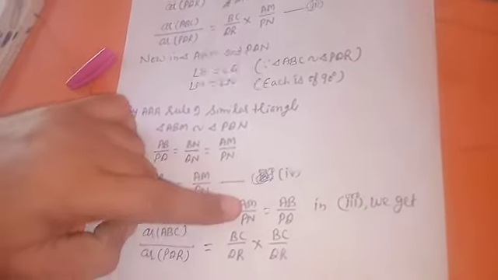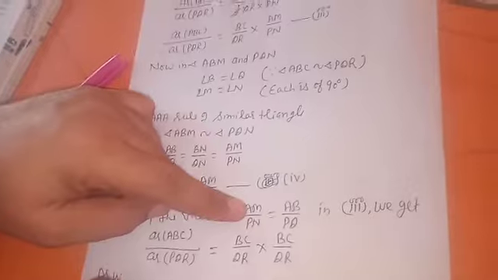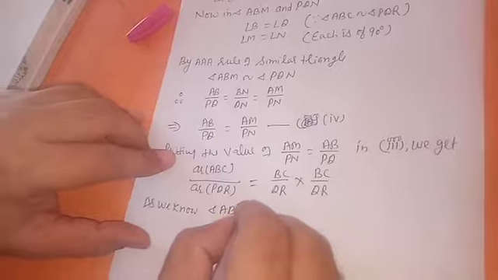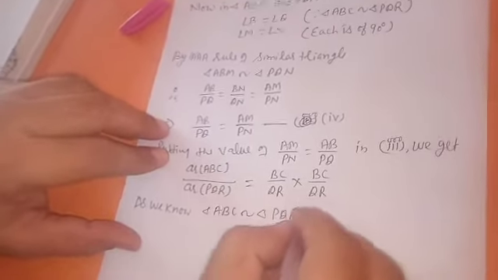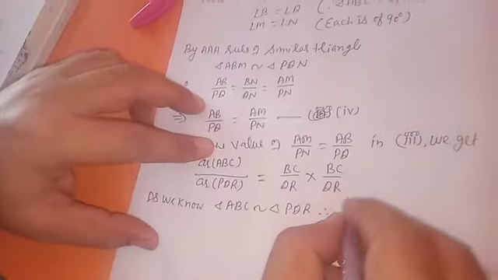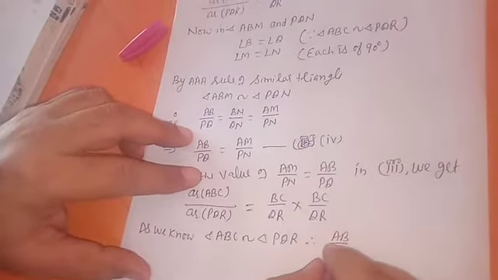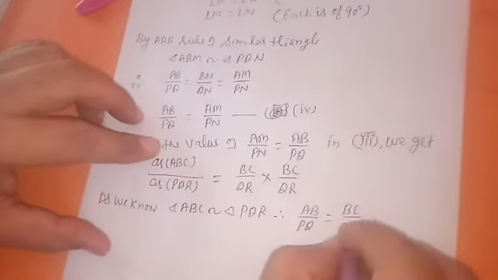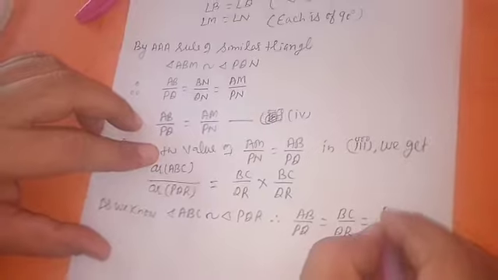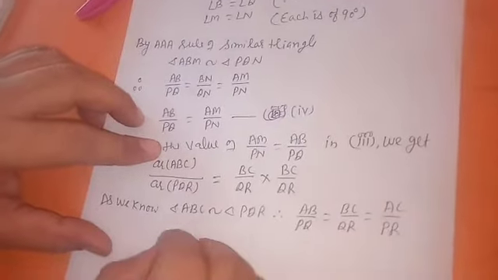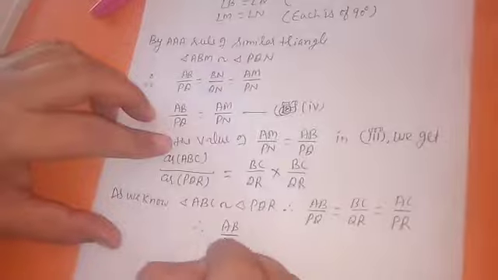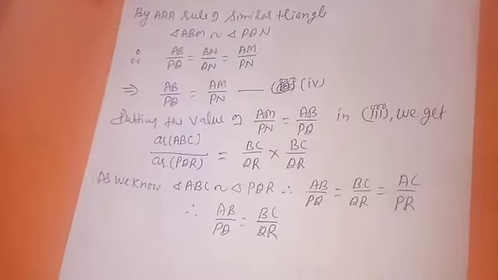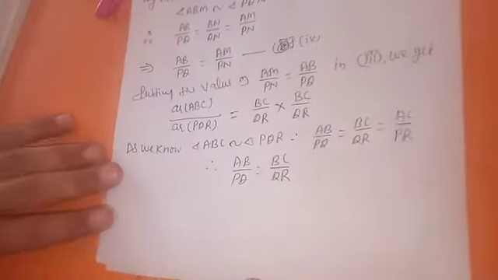The reason I want to tell is, as we know, triangle ABC is similar to triangle PQR. Therefore, AB by PQ is equal to BC by QR is equal to AC by PR. Therefore, AB by PQ is equal to BC by QR. Understood? Yes or no?